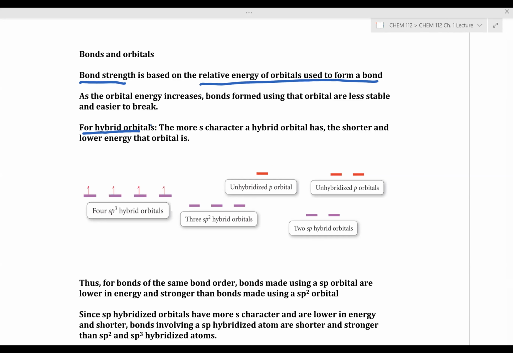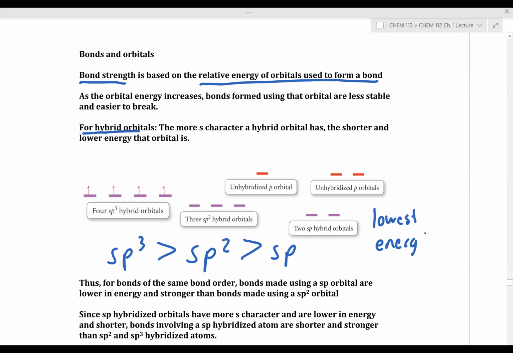What hybridization? sp, exactly. So if we compare sp3, which is the highest in energy, sp2 is the next highest, and our sp hybridization is the lowest energy orbital. So your sp orbitals are lower in energy.